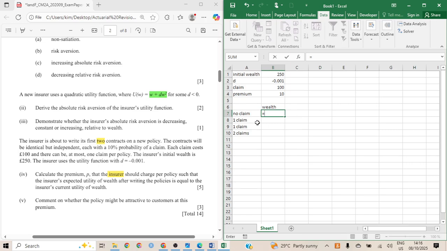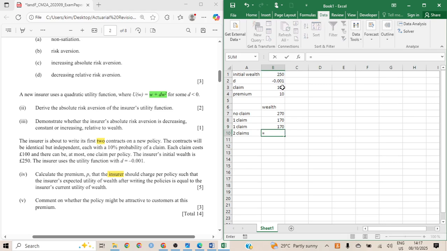So our first wealth, when there is no claim, will be initial wealth plus the premiums that we are collecting. We are collecting 2 premiums, 1 for each policy. Then the second one will be initial wealth plus the 2 premiums that we are collecting, and then, since there's only 1 claim on the 2 policies, we less 1 claim, which is 100. Similar to this, 250 plus you collect 2 premiums, and then you less 1 claim.